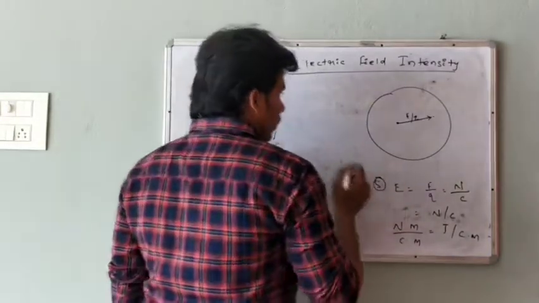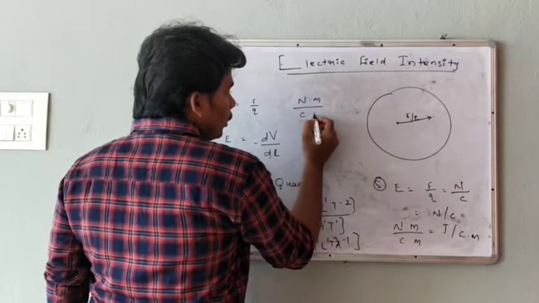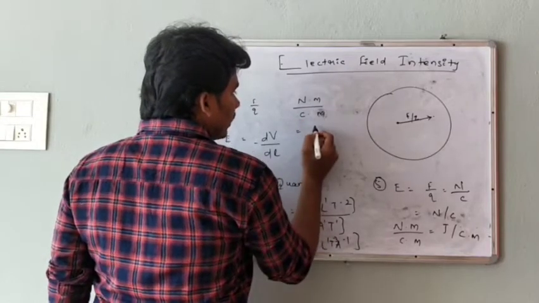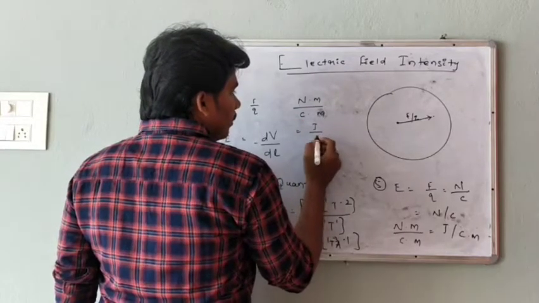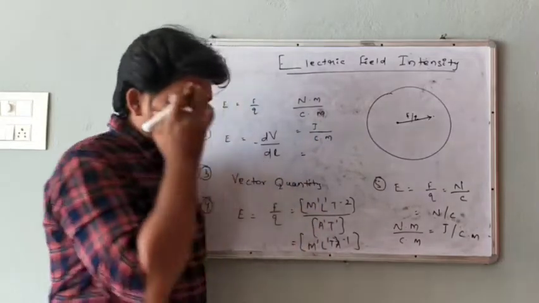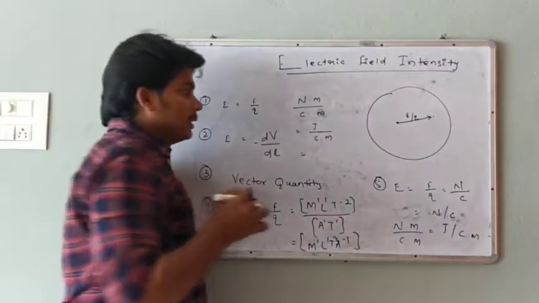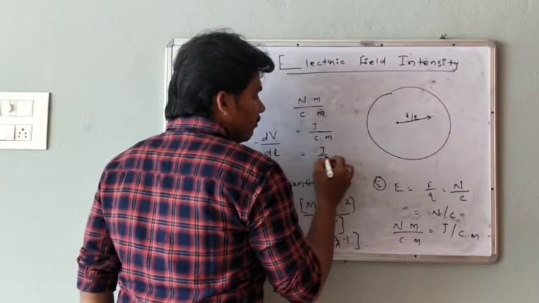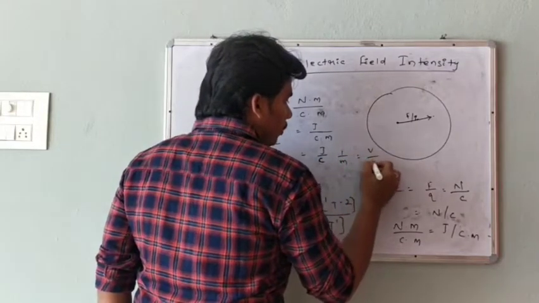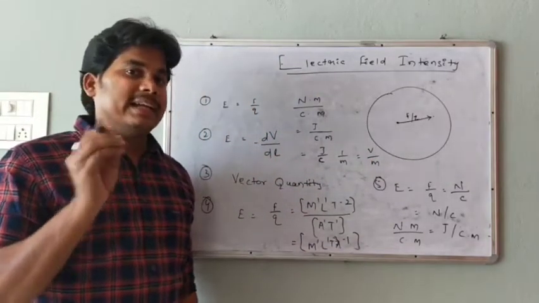In the same way, Newton into meter by coulomb into meter, this Newton into meter will give the joule by coulomb into meter. We know that volt is the work done per unit positive charge. That means joule by coulomb will give volt, so we get volt by meter. This will be volt per meter, which will also give the unit of electric field intensity.